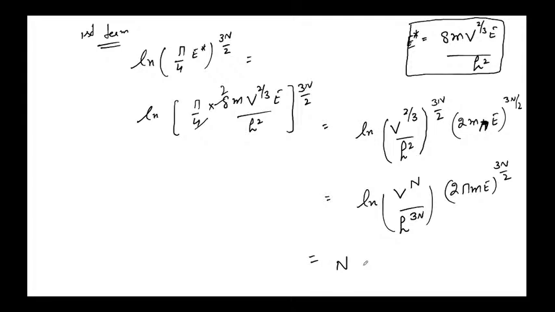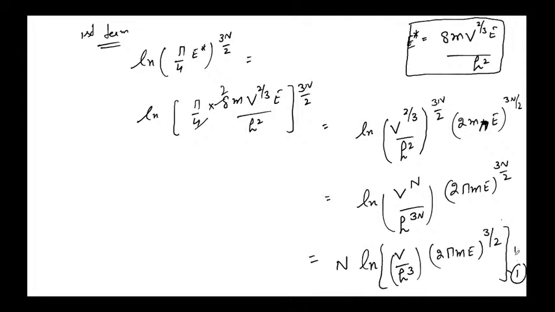So this equation becomes n log of V over h cube, 2 pi me to the power 3 by 2. This is the equation that we have solved for the first term.